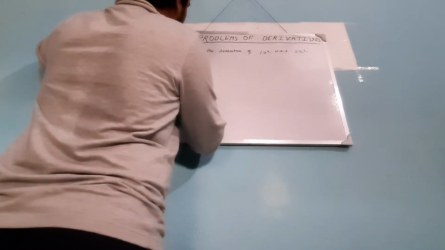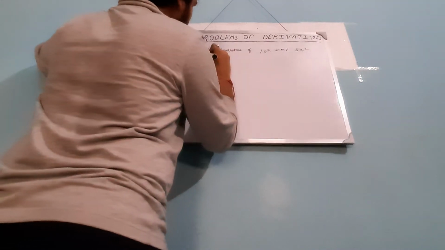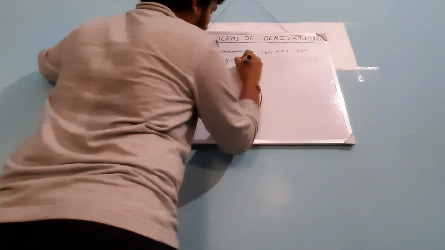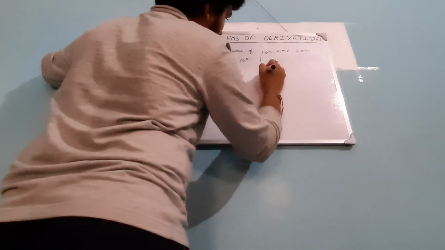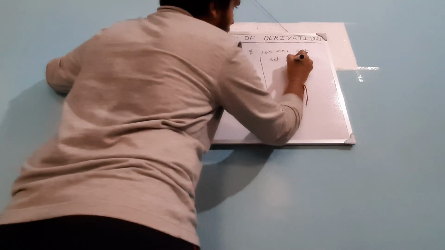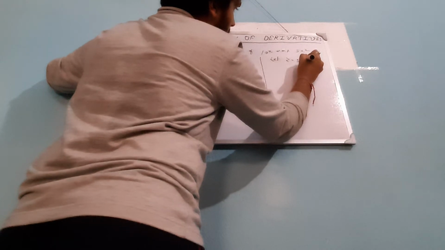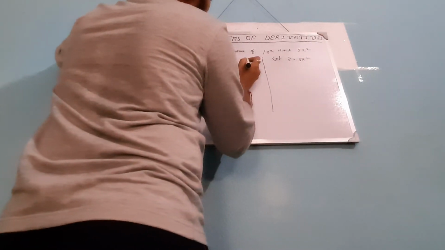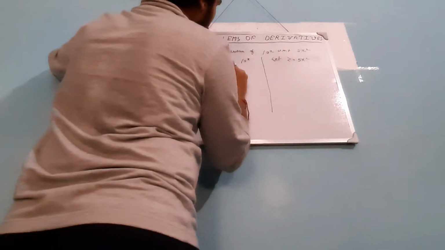So let y equals 10 to the power x, and let z equals 5x square. I am not writing again and again: differentiating both sides with respect to x. So dy by dx equals d by dx of 10 to the power x.